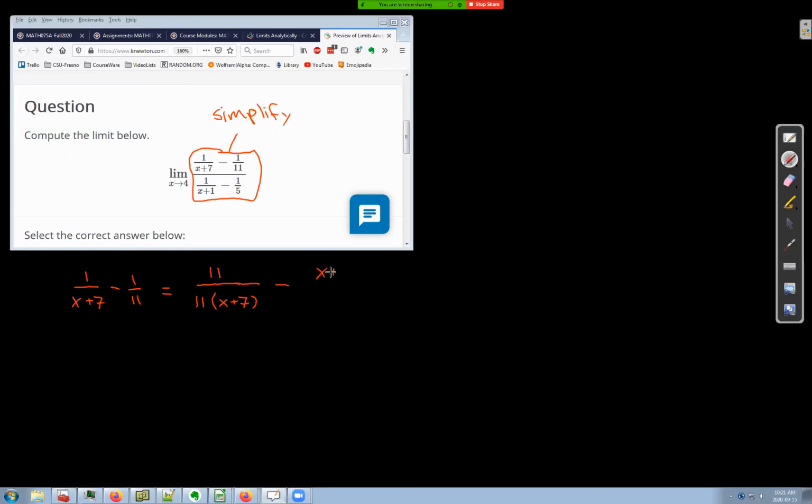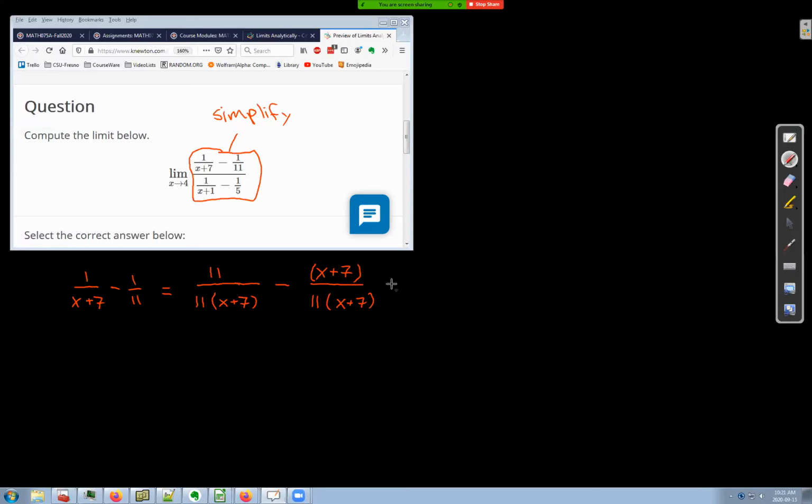So x plus 7 over 11 times x plus 7. So you see, I took that second fraction and I just multiplied the top and the bottom by x plus 7. So that 1 over 11 is the same as this, and 1 over x plus 7 is the same as this.